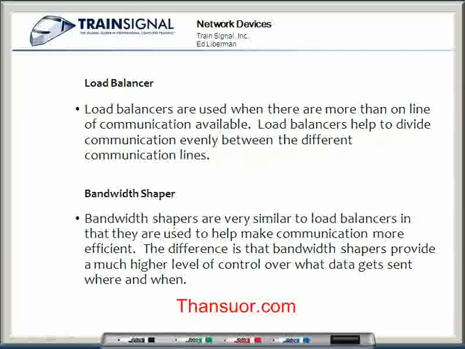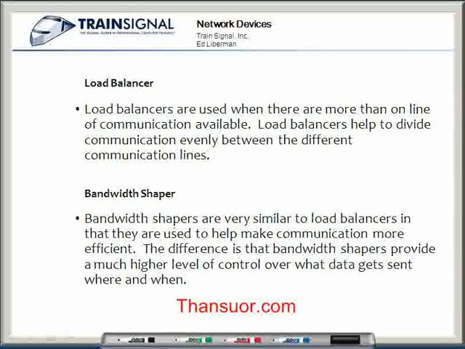Now the last thing we have here is a couple of things called load balancer and bandwidth shaper. And both of them are devices that are designed to help make networks more efficient. Load balancing is the concept of divvying up the load between different areas.